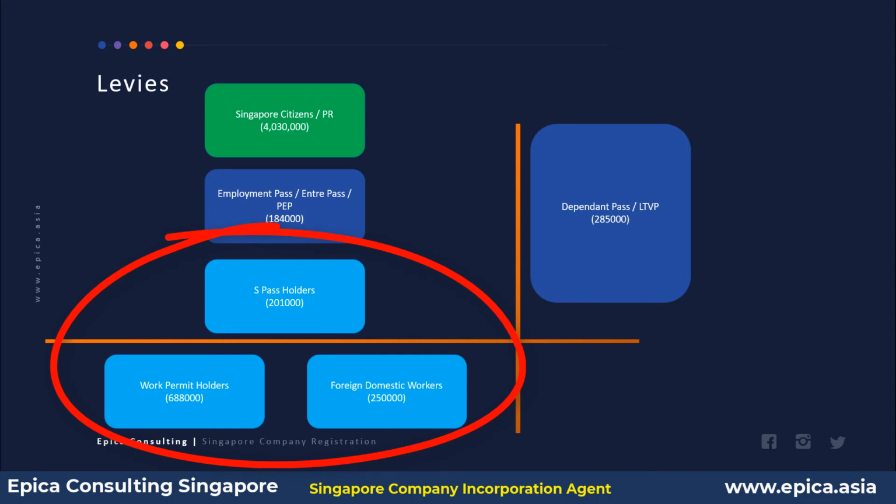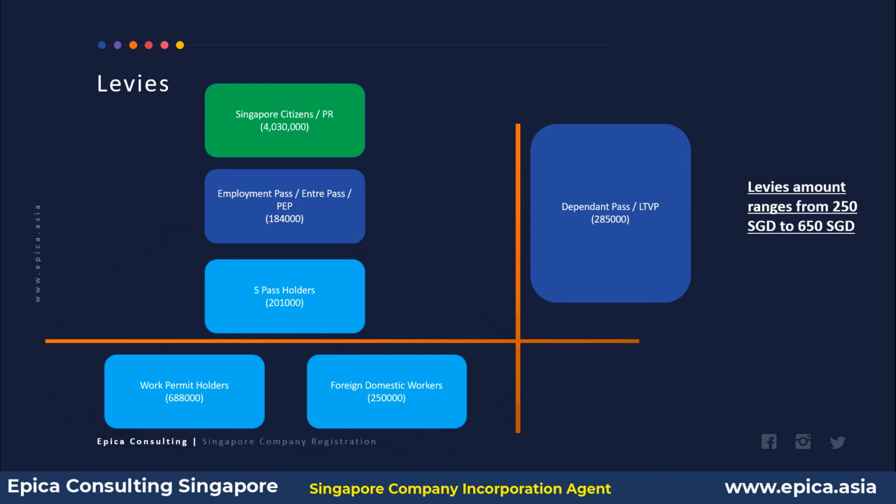S pass holders, work permit holders and foreign domestic workers are subject to levies. What that means is, in addition to the salary that you pay to the employees in these categories, you need to pay additional 250 Singapore dollars to 650 Singapore dollars per employee per month to the government. This is called levy, and this levy amount depends upon how much percentage of quota you are using.